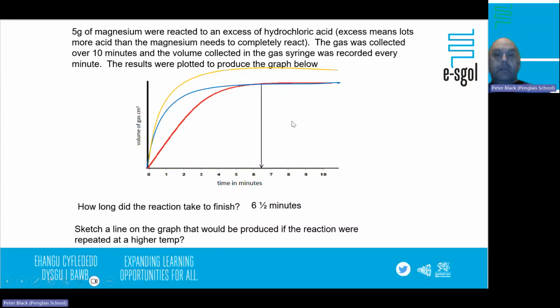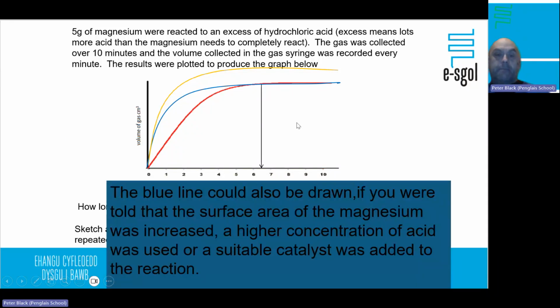Just to point out as well, that blue line, we could also use that for a higher concentration, because that would have a faster rate of reaction. Or we could have also increased the surface area of the magnesium, so instead of using a solid piece of magnesium, perhaps we used a powder form of the magnesium, which has a greater surface area.